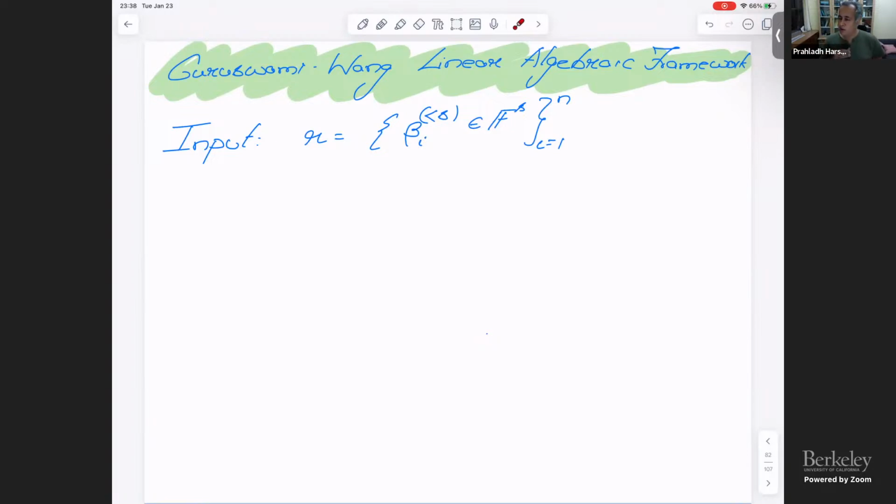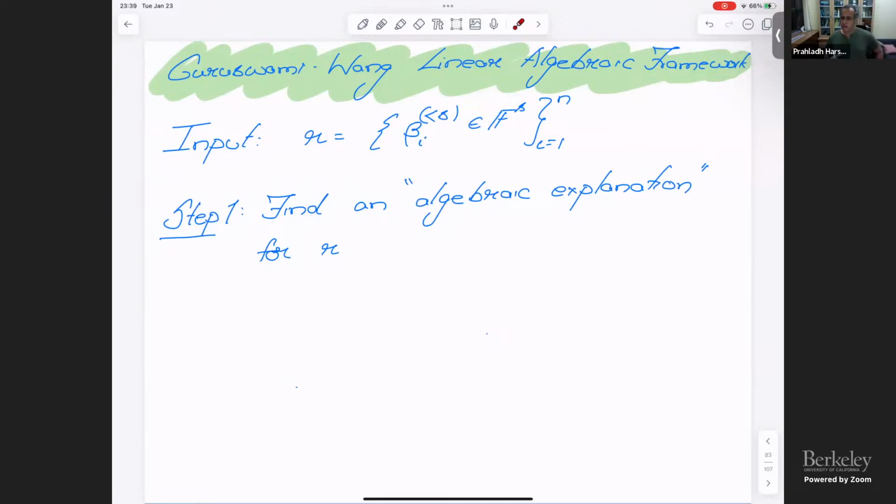There's an alternate solution due to Swastik. It's more complicated but has certain advantages over this. We'll not get into this. I might address the differences between the Guruswami-Wang algorithm and Kopparty's algorithm later on, either in the open questions or afterwards.